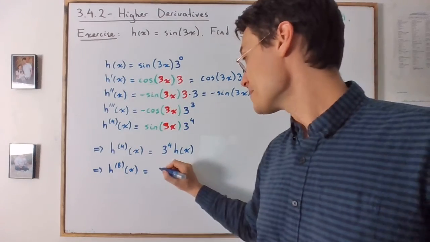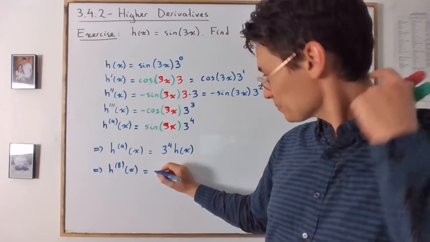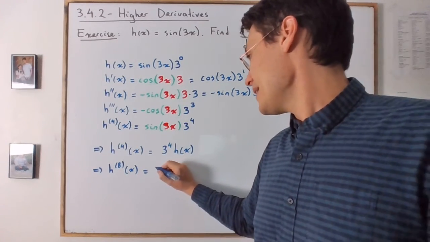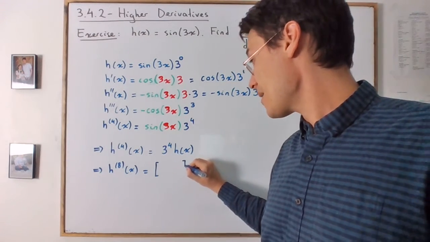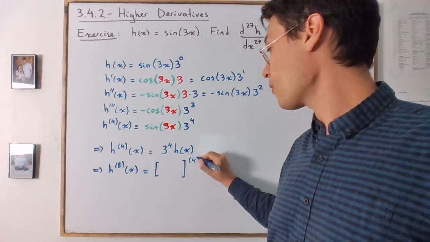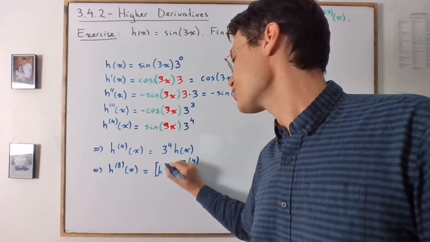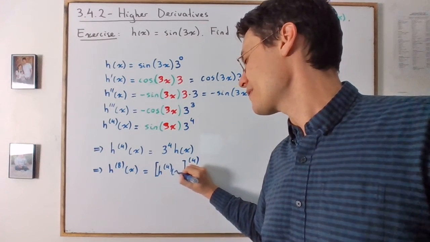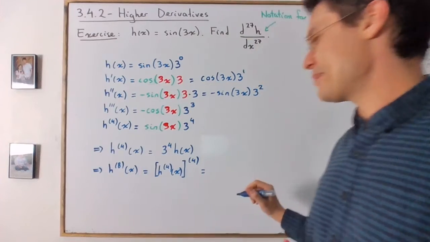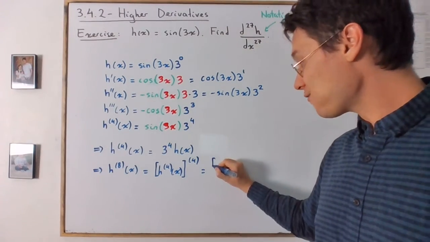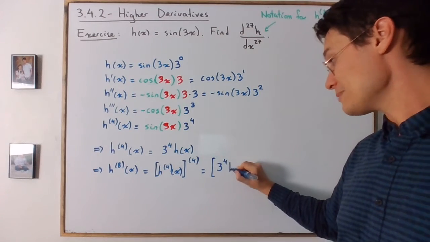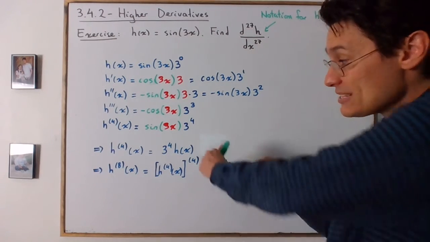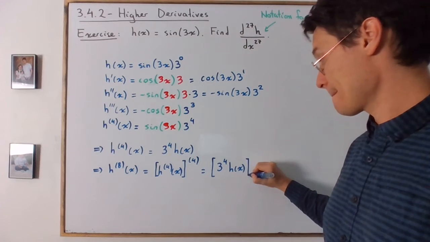And it's easy to see because it means that you're taking 4 derivatives of the fourth derivative of h. So what's going to happen? You're going to take 4 derivatives of 3 to the power of 4 times h of x, because you're using now this formula.